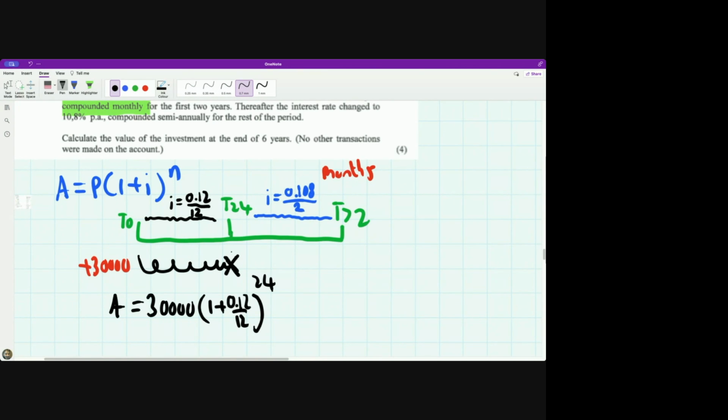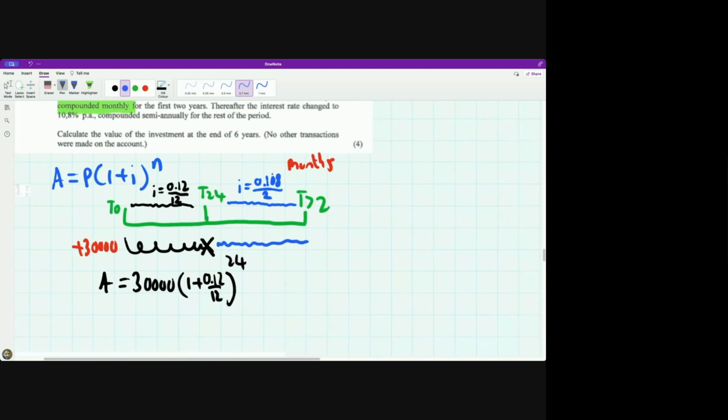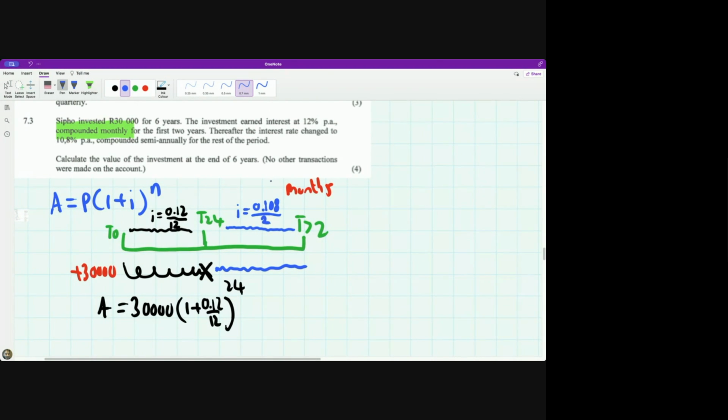So at this point, I've got 38,092, but the problem is this has to keep growing for how many more months? How many more months does it have to keep growing by to get to the end of 6 years? Well, it's not 72 because I've already used up 24. So I go 72 minus 24 and I get 48. Give me a thumbs up if you're okay with the 48.